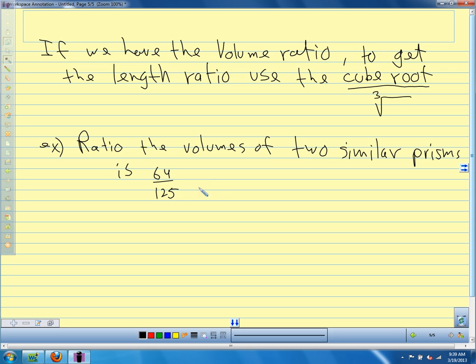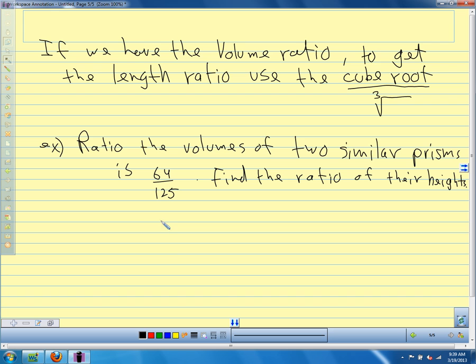We want to find the ratio of their heights. So we have a volume ratio. Is a height a length or an area or a volume? Height, length, area, or volume? Length. Height is a length. So we want to find a length ratio.